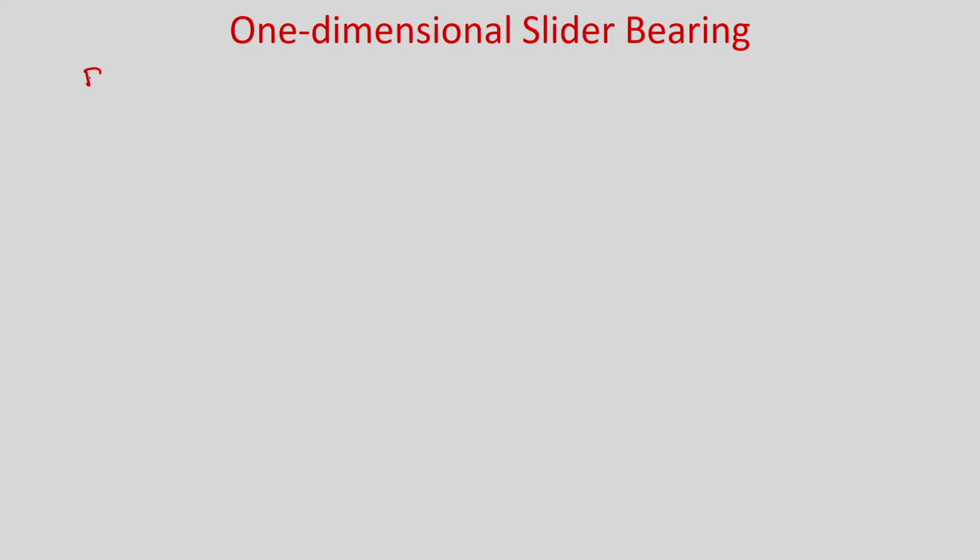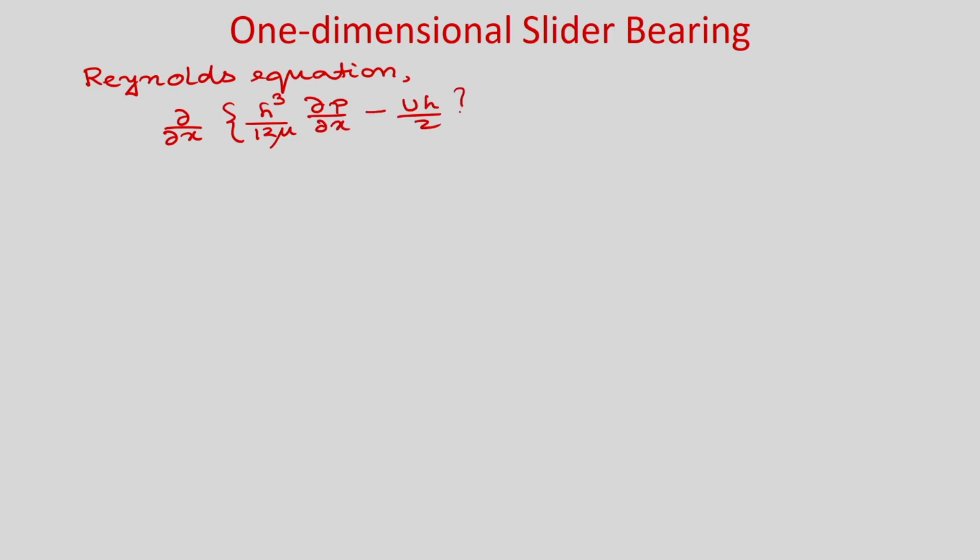Now, let us consider the Reynolds equation and find the pressure distribution. So, the Reynolds equation for this particular case we have simplified as del of del x of h cube by 12 mu del p by del x minus u h by 2 is equal to 0.